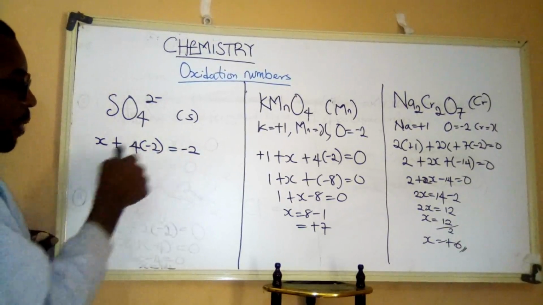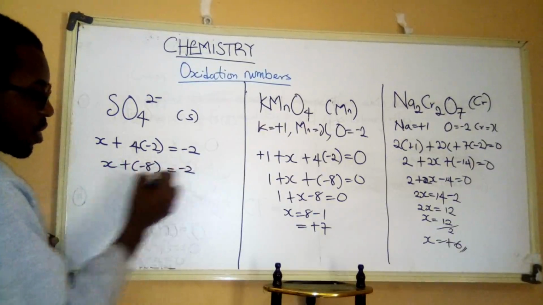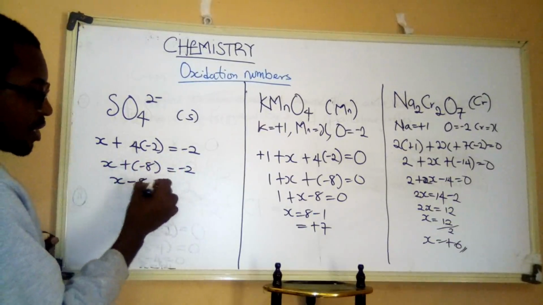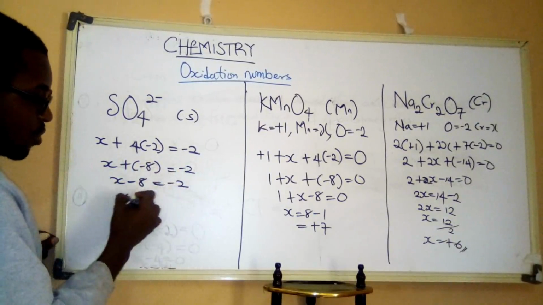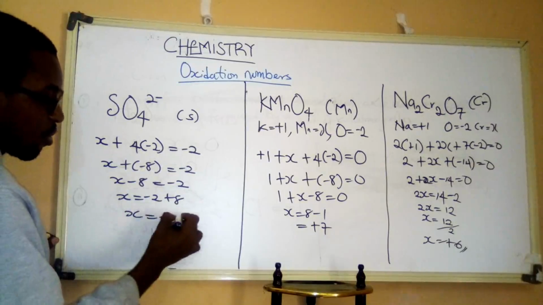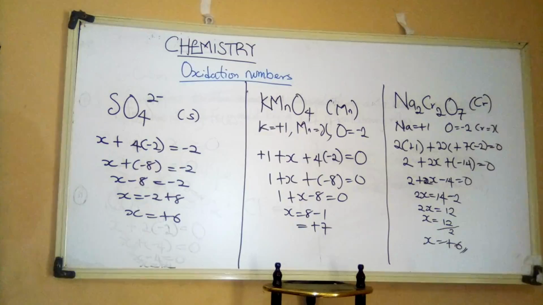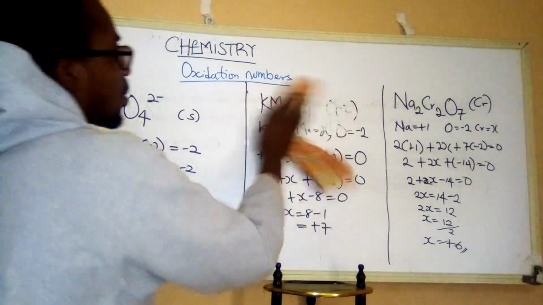Now 4 times -2 gives us -8 equals -2, and this will give us X minus 8 equals -2, and therefore X equals -2 plus 8, and therefore X is equal to +6. And this is the reason why it's called tetraoxosulfate 6 ion, because the oxidation number of sulfur is actually +6. Now you can have something similar.